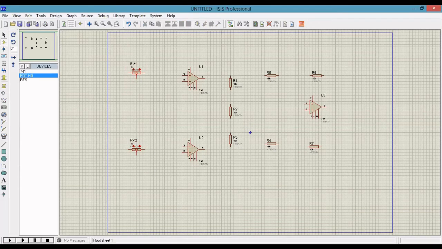Next, I am going to give the power supply of 5 volt. For that, this is terminal mode. Click the power. This is called the power supply. So I am giving the power supply to the part.